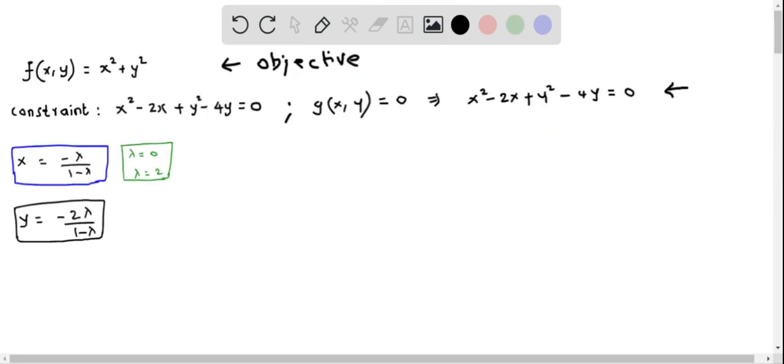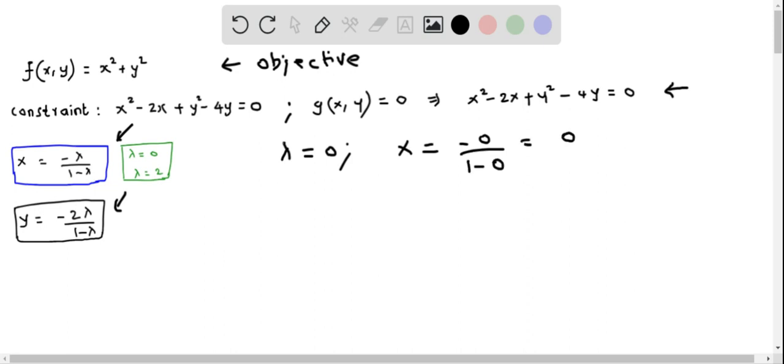Since we have determined the value of lambda equals 0 or 2, we will utilize this and find the corresponding points. So I'm going to consider lambda equals 0 and substitute into the x as well as the y equation. So when I plug lambda equal to 0 into the expression for x, I get x equals negative 0 divided by 1 minus 0.